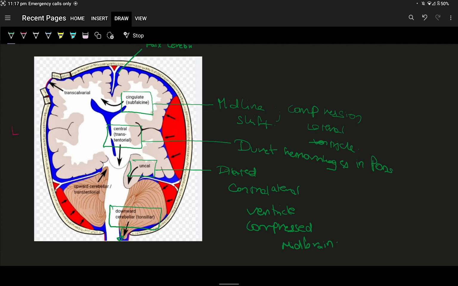So this is usually through the foramen magnum present over here.